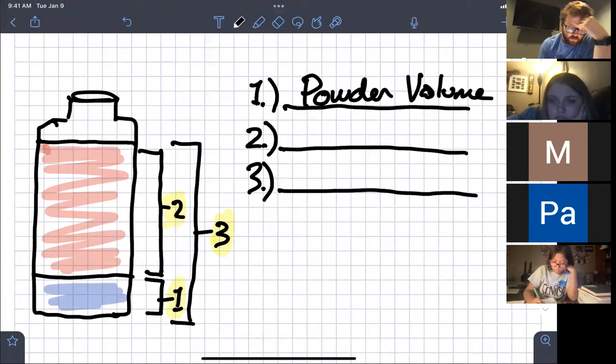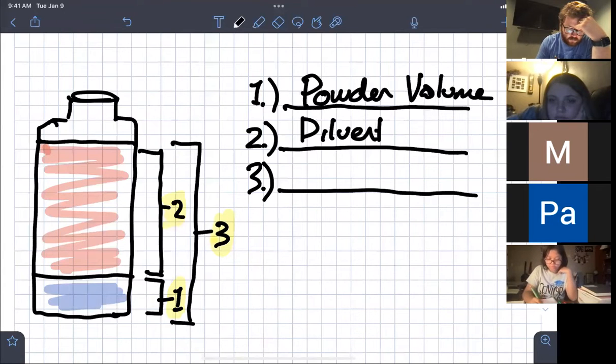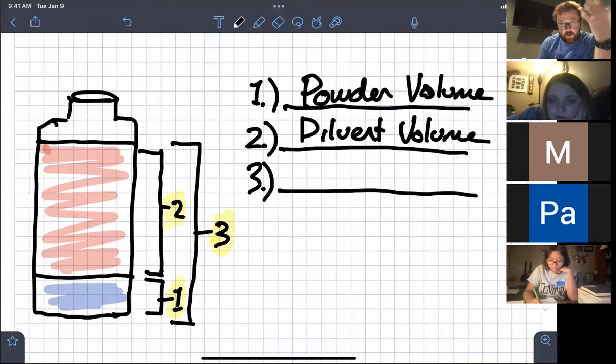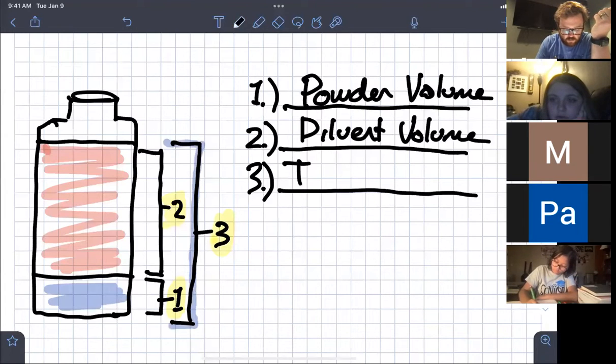What is number 2? Diluent volume. Exactly. And number 3 is surrounding the whole thing. It includes both powder and diluent. What is that? It's total or final. Yeah, you're right.